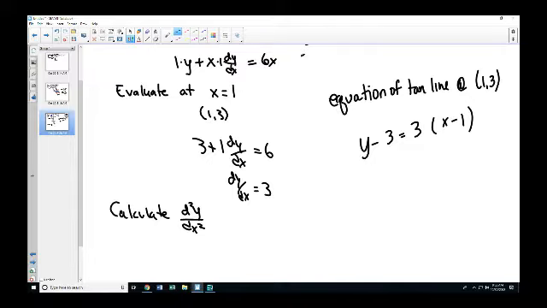So dy dx is subtract y and divide by x, correct? So 6x minus y over x.